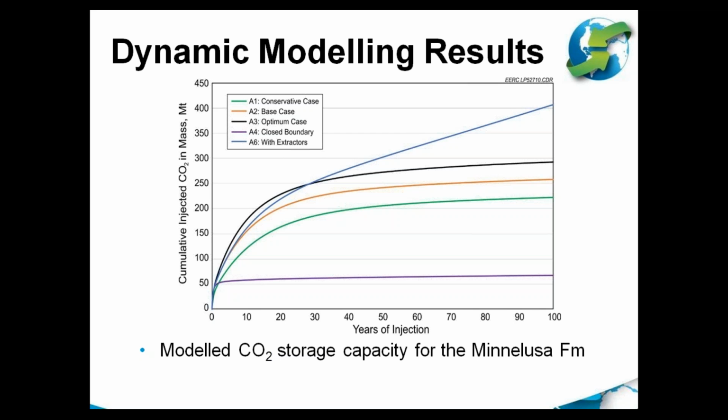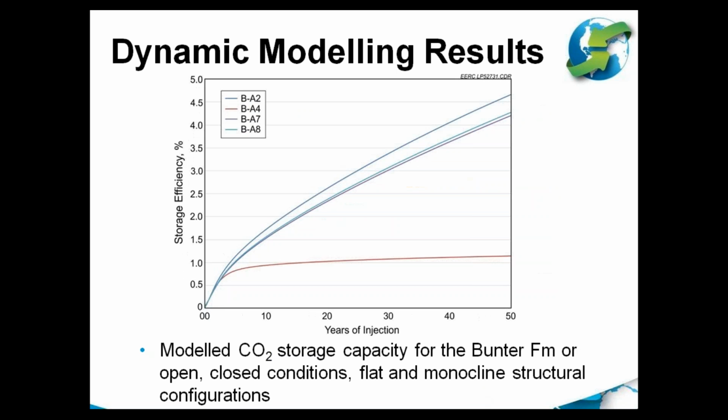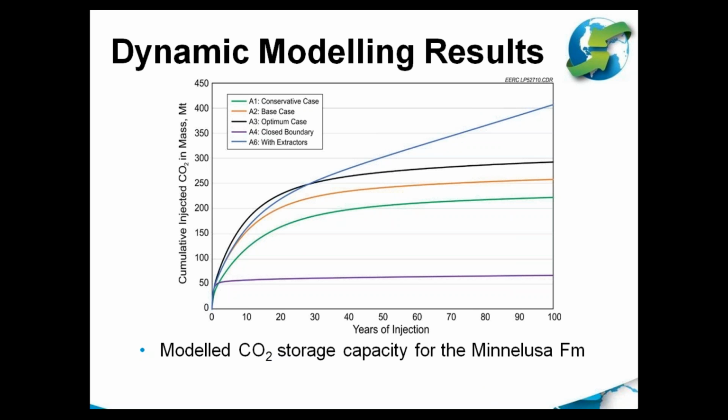Although this is modeled, this is extrapolated to 100 years, you will notice. This is the Minnelusa, these are modeling results. You'll notice there are two striking points here. The middle three lines here are effectively optimistic, base case and most pessimistic case for an open system.